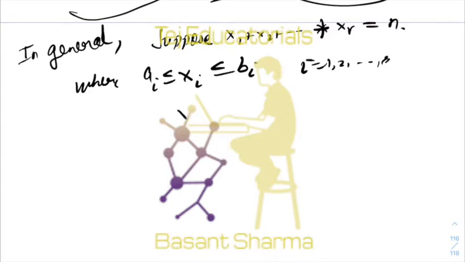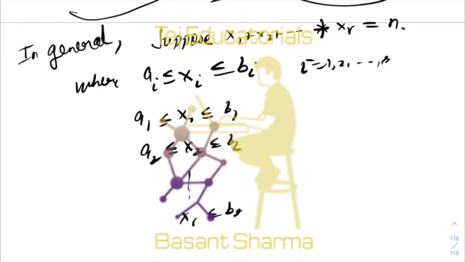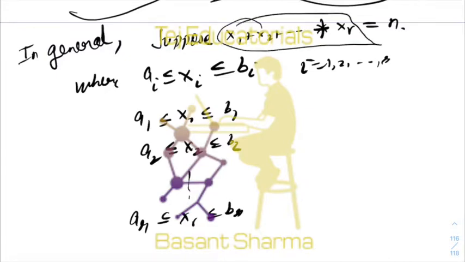That is, x1 varies from a1 to b1, x2 varies from a2 to b2, and so on, xr varies from ar to br. All right. And you want to find integral solutions, that is, x1, x2, and so on till xr.